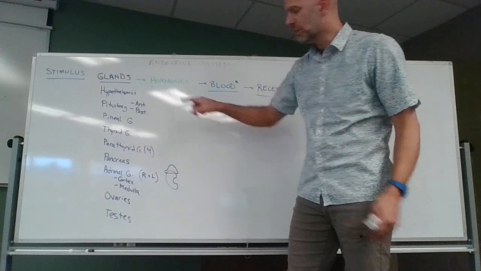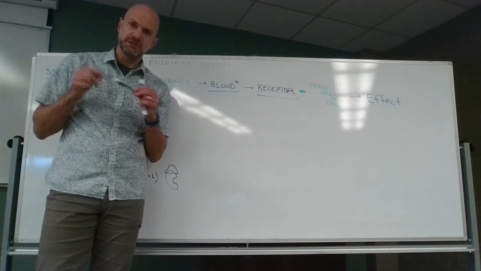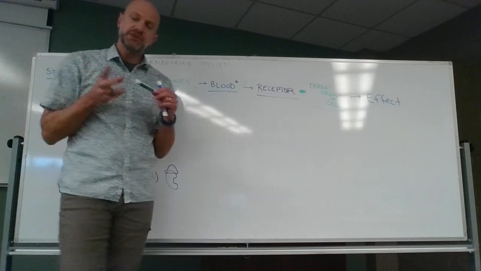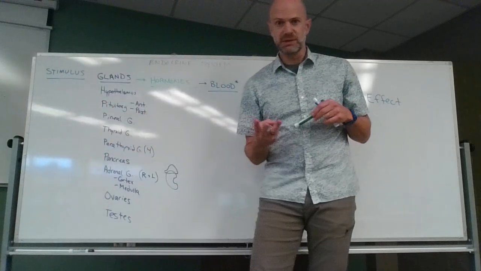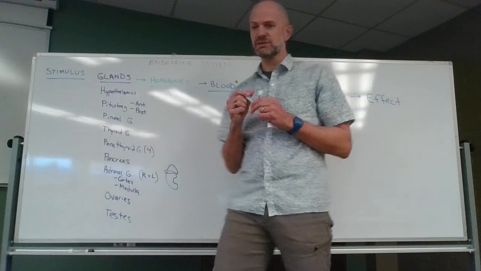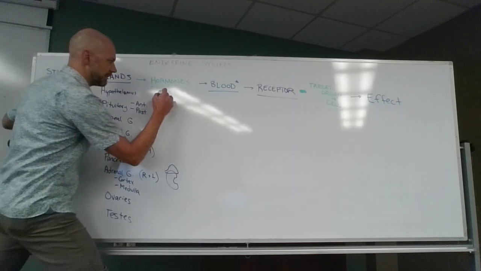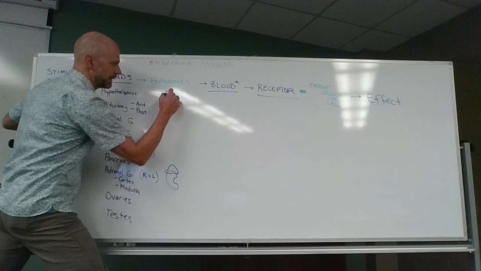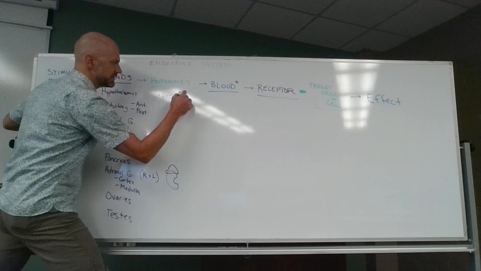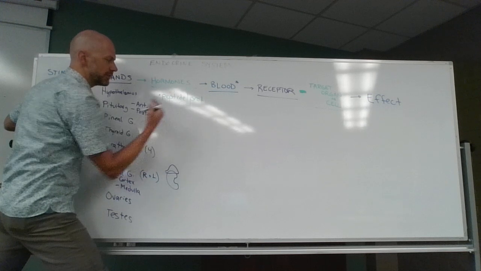Now, next thing, hormones. Okay, hormones. I'm not going to list all of the hormones here because that list would be too long. But what I want to tell you is that there are three categories, or classes, three structural classes of hormones. The first one is the peptide or protein hormones.